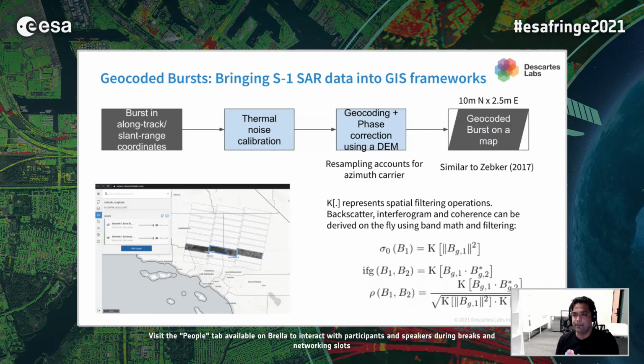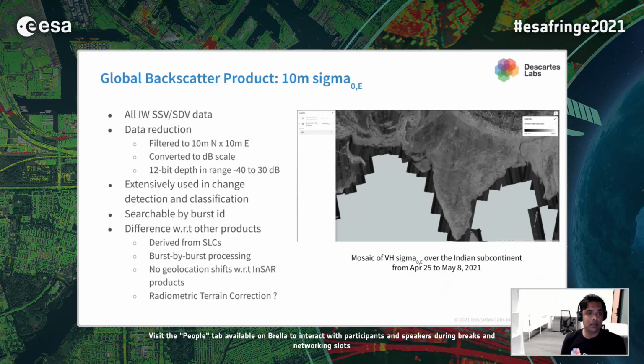And once you are on a map, you can just leverage all the platform characteristics to do any spatial operations. Backscatter is just absolute value. Interferogram is just cross multiplication, and everything else is just convolution with filters. And this is very similar to the geocoded SLC concept by Howard Zebker, but we do everything with SLCs because we know the SLC data is calibrated, and so we carry the calibrations throughout.